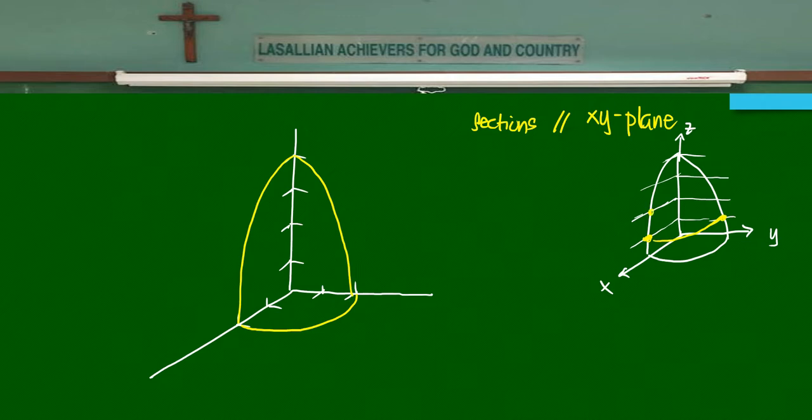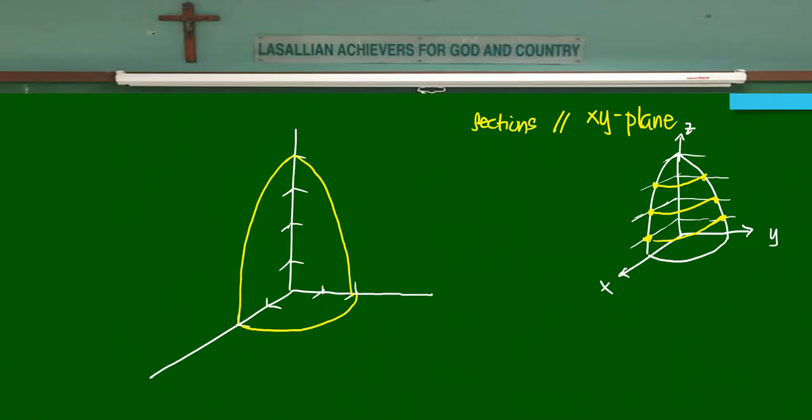Here it touches the point there, and here I should draw a circle. Because those are basically circles, and then they're becoming smaller and smaller until they meet at one point. So this is basically the same shape, but I have drawn sections here parallel to the xy plane.